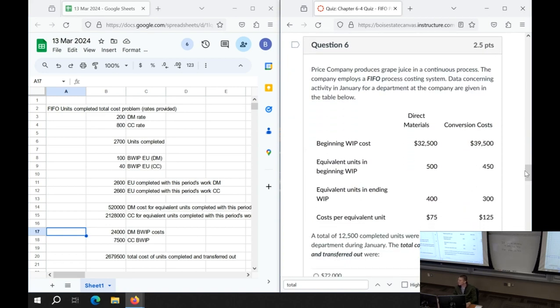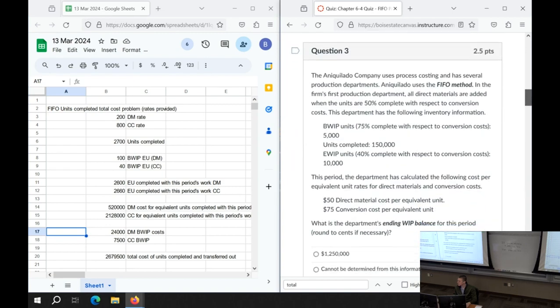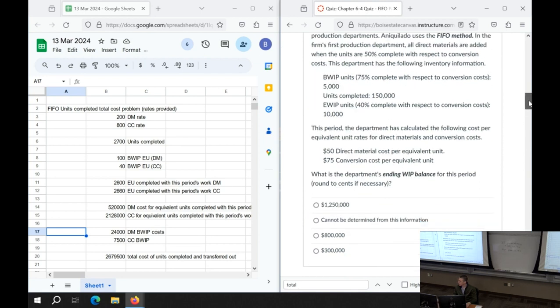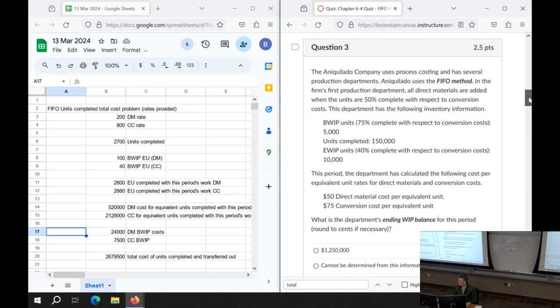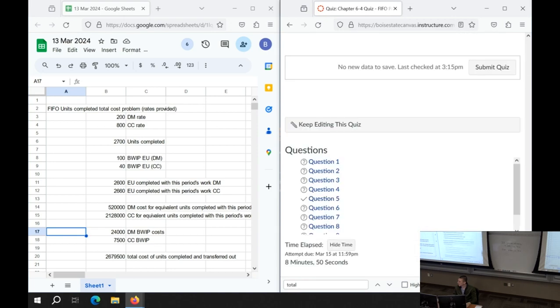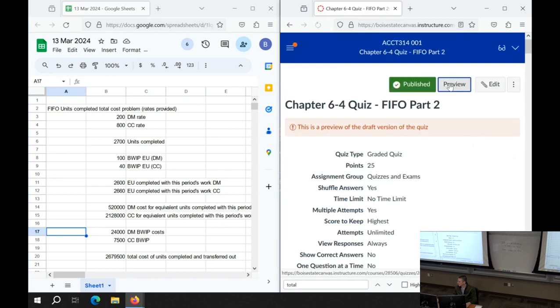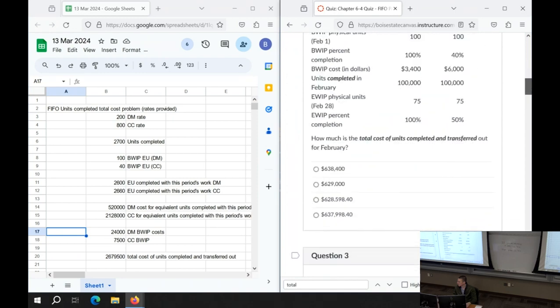It's similar to what you were saying, where it's just the total work cost there. And this is total cost completed and transferred out. Okay. Let's go searching. We can take 30 seconds to a minute, a couple minutes, and find a question similar, at least.